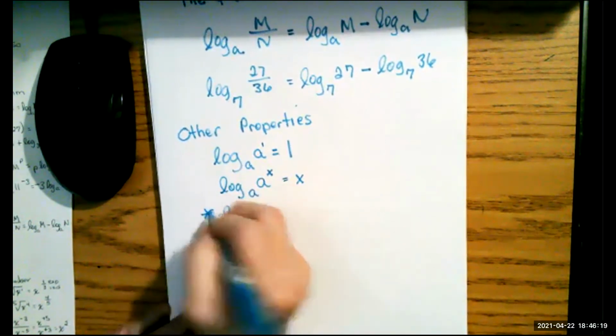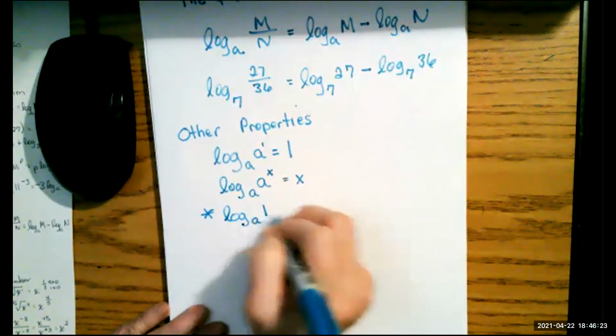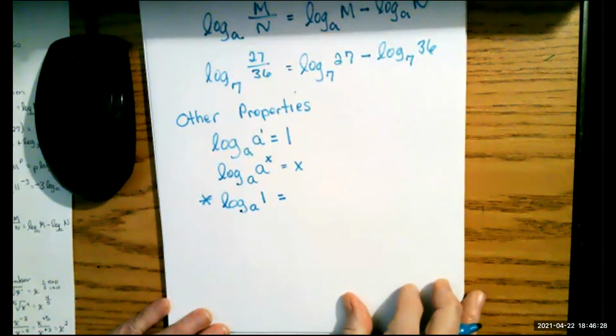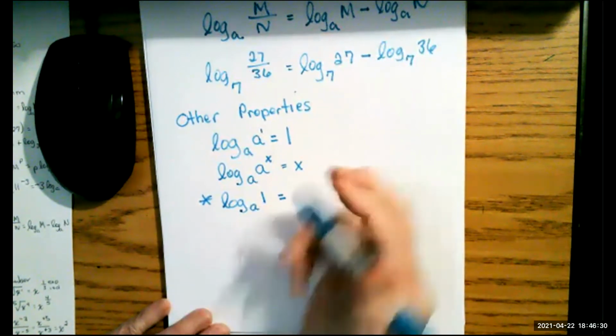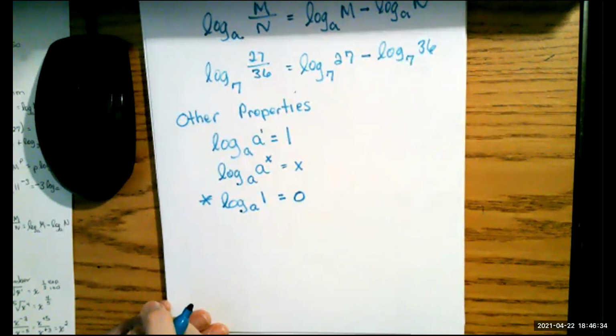This one is one that people forget all the time. Log base a of 1 equals 0. And the only way that you can raise a to a power to get 1 is if you're raising a to a 0 power.